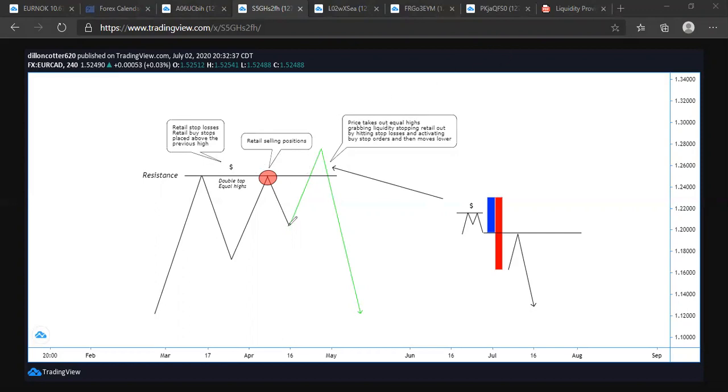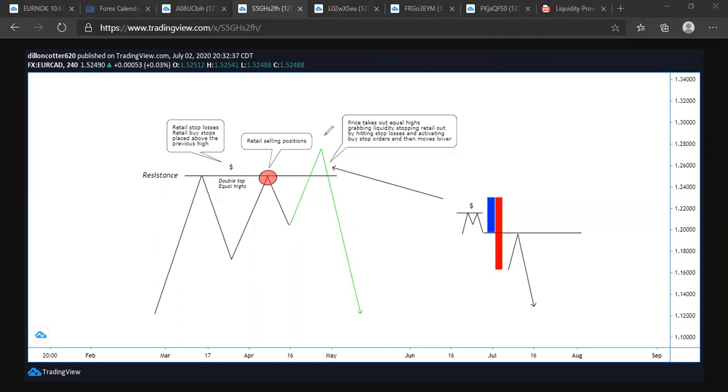And essentially what happens is the market will come up, collect all of that liquidity that was to the left, and fall in the opposite direction, the direction that retail actually intended the market to go.